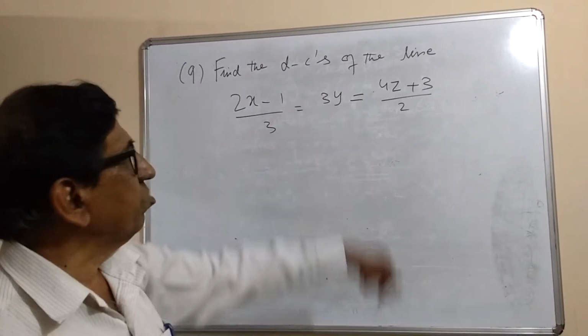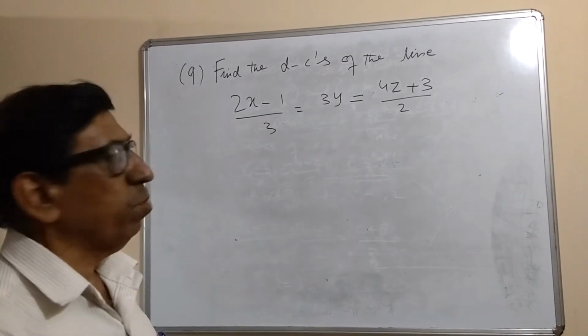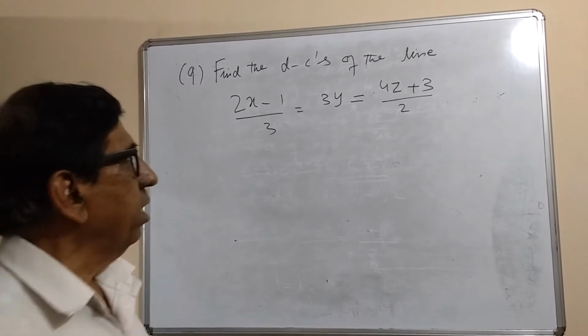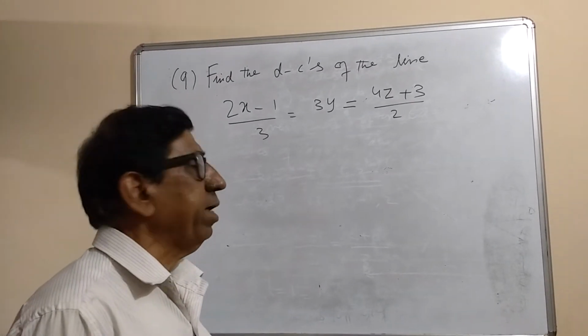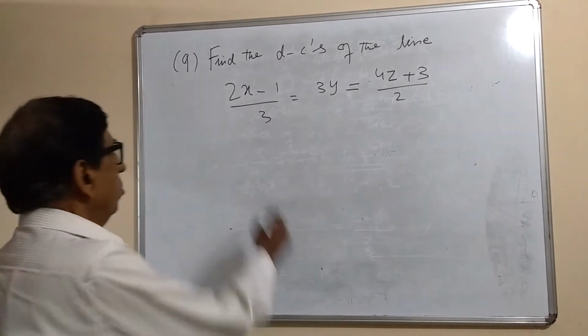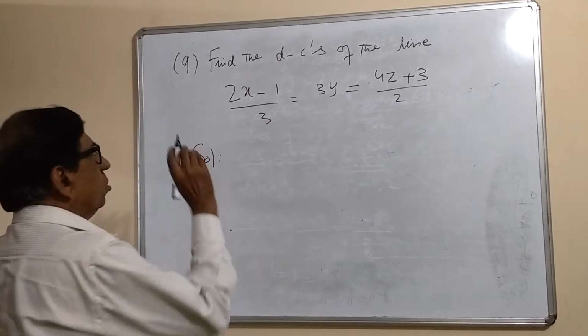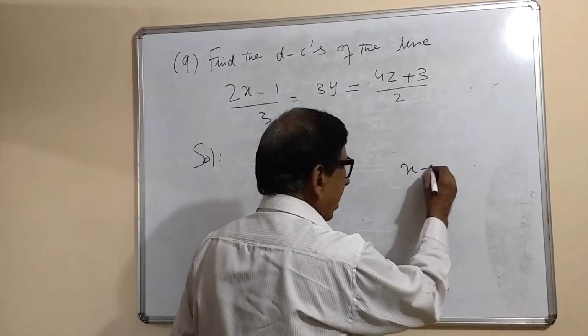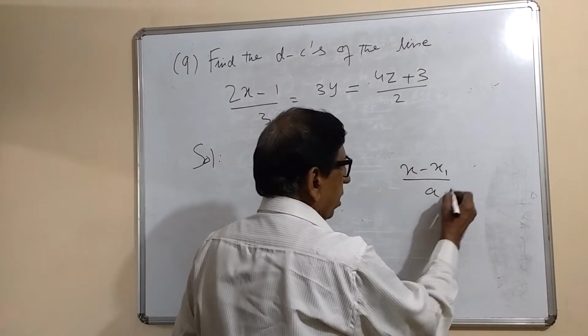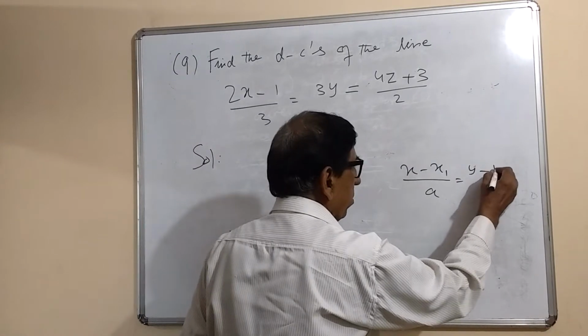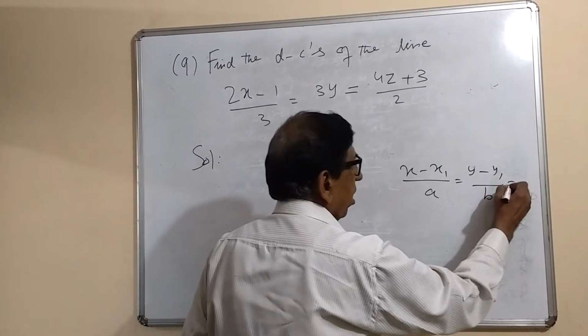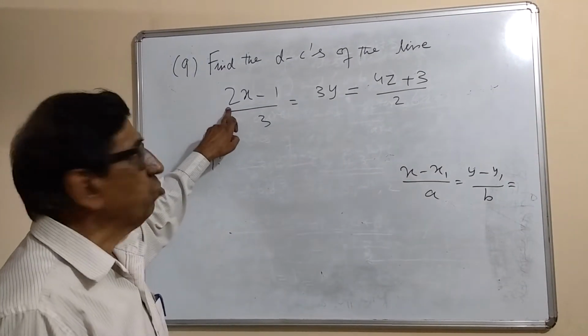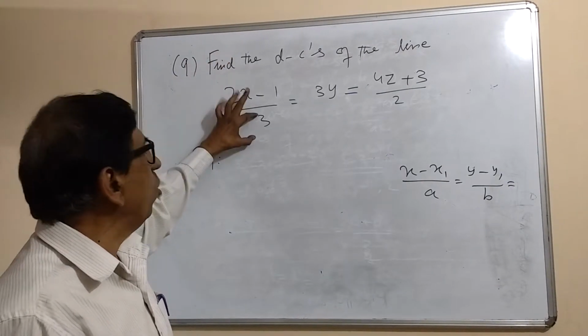Find the direction cosines of the line (2x minus 1)/3 equal to 3y equal to (4z plus 3)/2. The equation must be of the form (x minus some number)/a equal to (y minus some number)/b, etc. But here it is 2x. So divide numerator and denominator by 2.